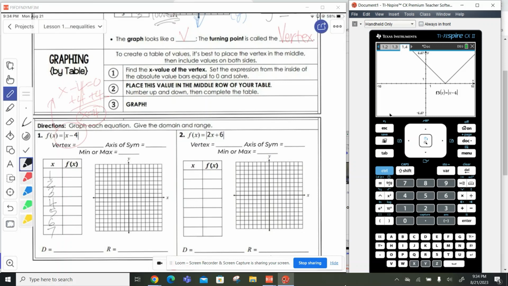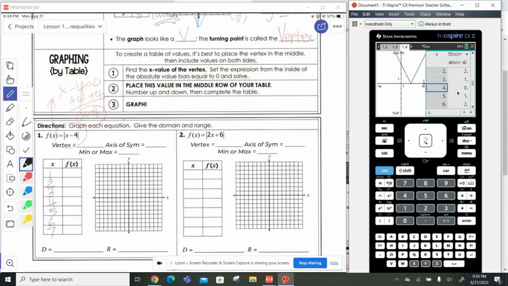To do that, we're just going to press Control T, the letter T, which stands for table, of course. Control T. Notice that it starts with 1, 2, 3, 4, and so on. But we want x equals 4 in the middle of the table. So let's go ahead and adjust that by pressing arrow down. So notice that 4 is now in the middle.